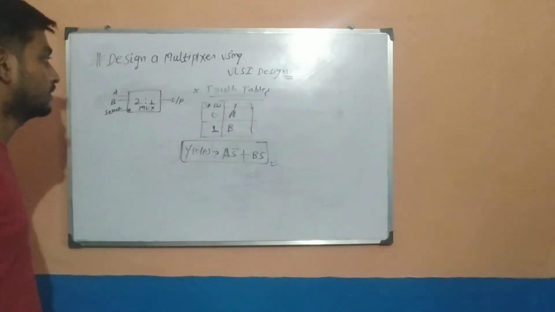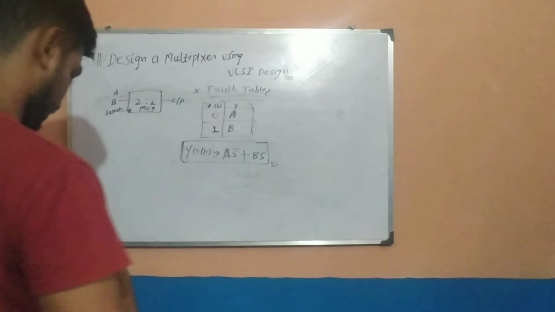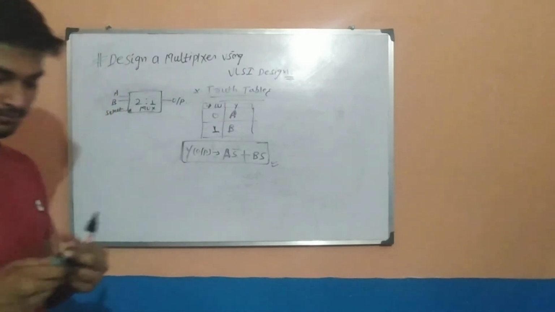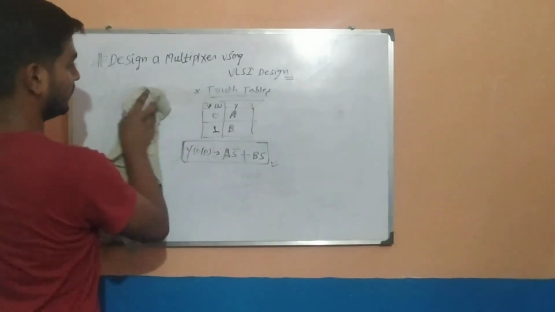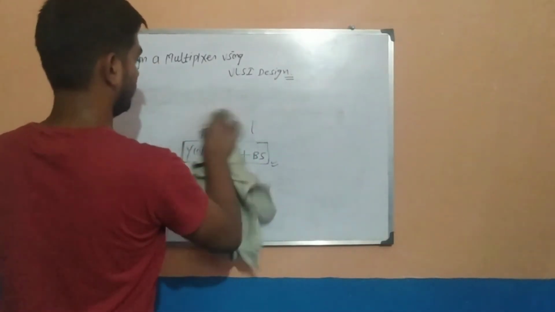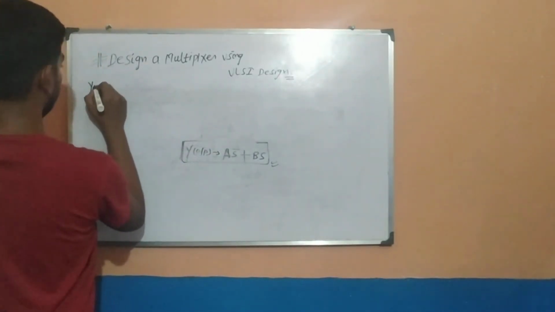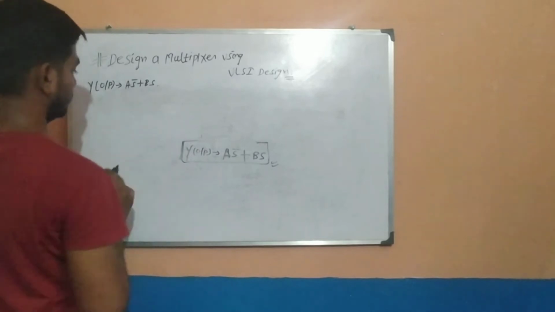So please write this down. This Boolean expression I have written here: Y output is A S dash plus B S.